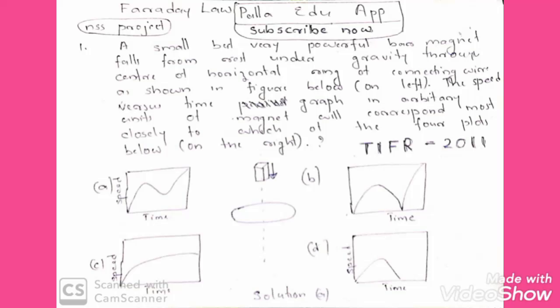Just look at the four graphs: first graph A, first graph B, first graph C, first graph D. Here we know a small but very powerful bar magnet falls from rest under gravity. Then we have graphs of time versus speed. All are time versus speed.